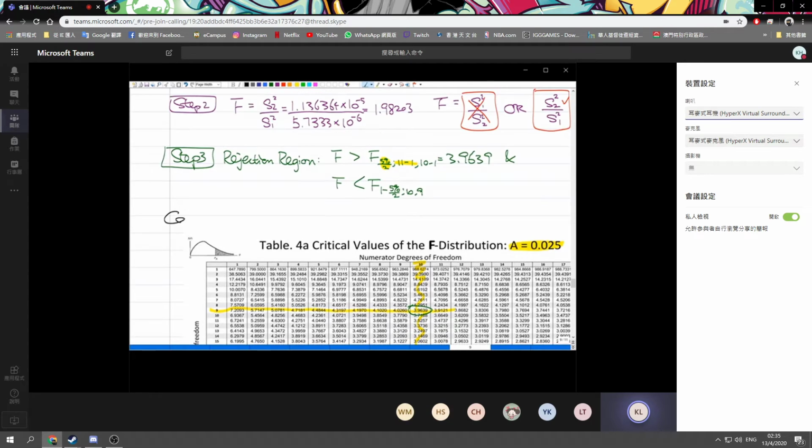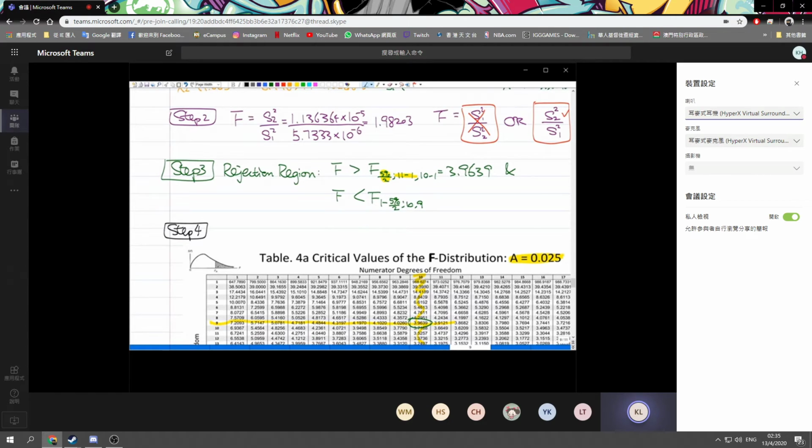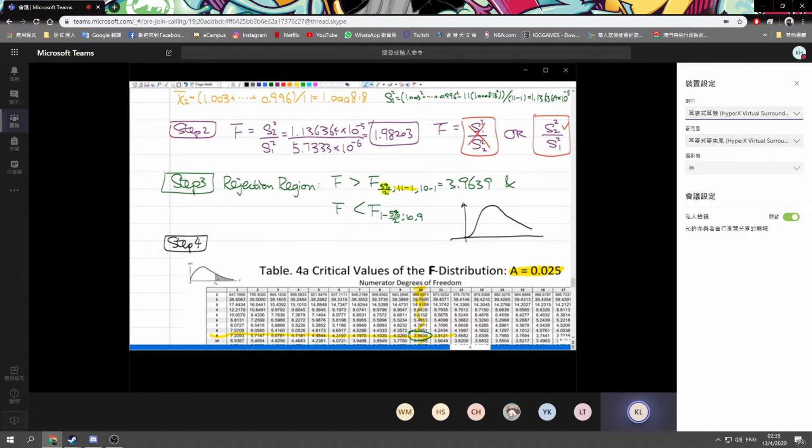Here we have our last step, our conclusion. Is this in the rejection region? It is not. So what we have here is the F distribution. This one is 3.9639. And we have another value, but we don't have to worry about it. We just have to check whether our test statistic is greater than this particular point.